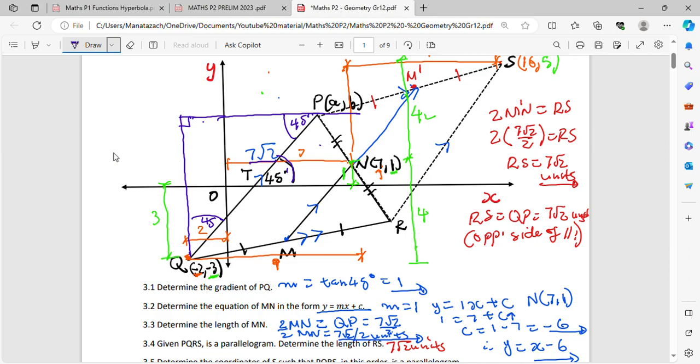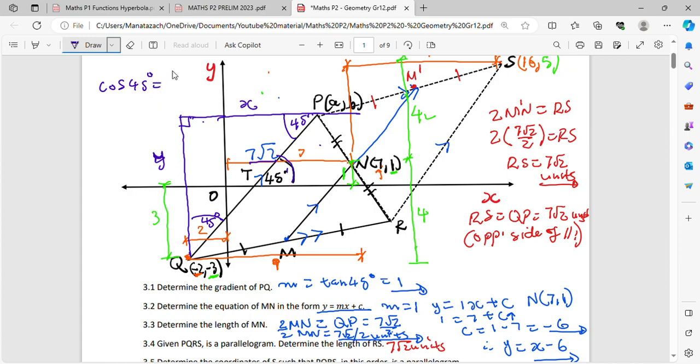So we can say cos of 45, looking at this particular angle, is equal to, okay, I'm trying to find this side here, the adjacent side over the hypotenuse. Let's call it y, and then let's call this one x.